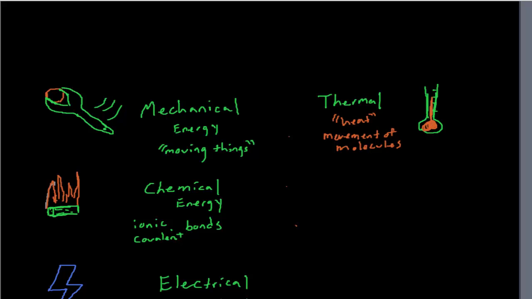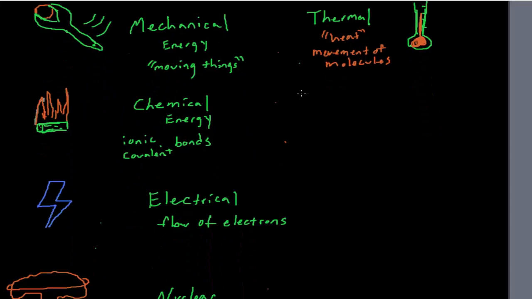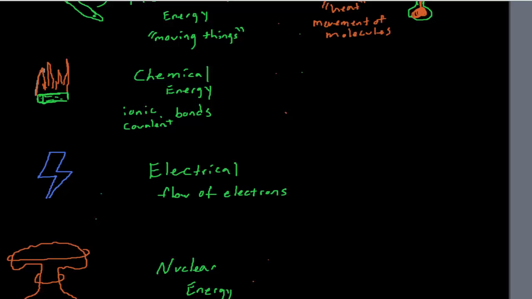Another type of energy is electromagnetic. That's just a fancy word for what is better known as light.